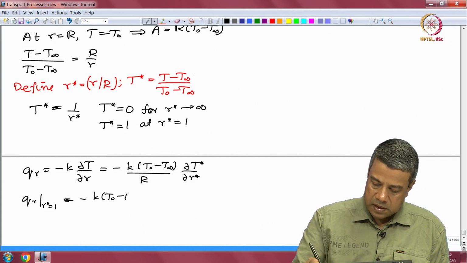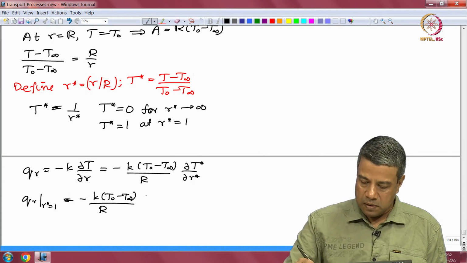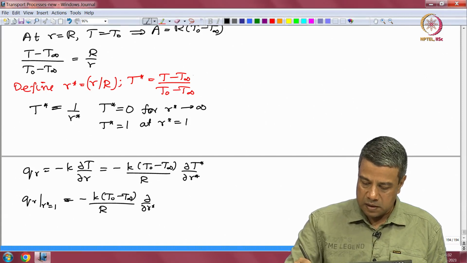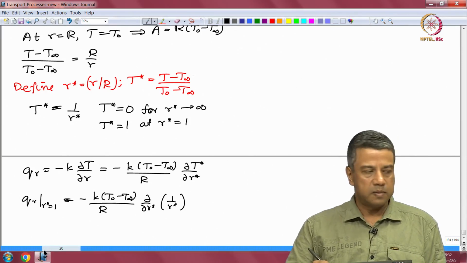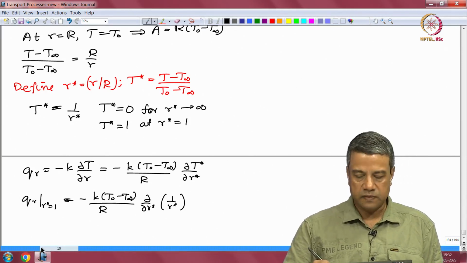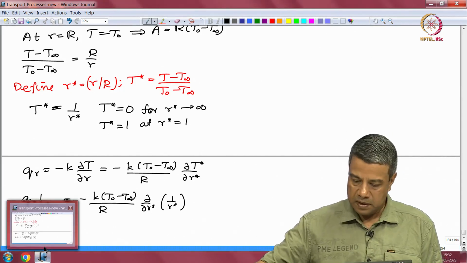minus k into T naught minus T infinity by R into partial by partial r star of 1 over r star. The derivative of 1 over r is minus 1 over r square, and at r star equal to 1, that is equal to minus 1.